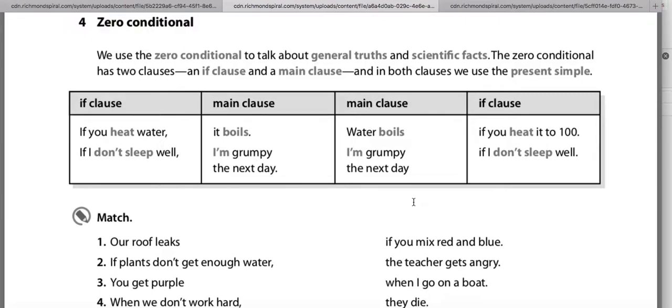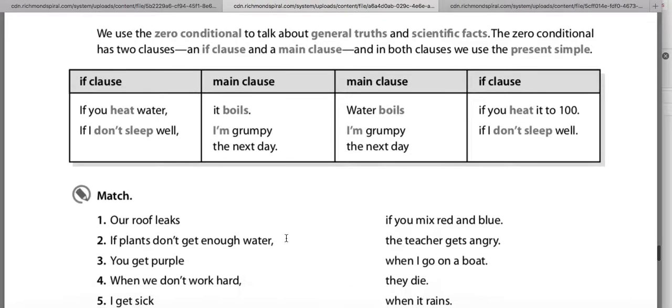Okay, so we have here some examples of the use of the zero conditional, and we use if clauses. For example, if you heat water, that is the if clause, and the main clause is it boils.